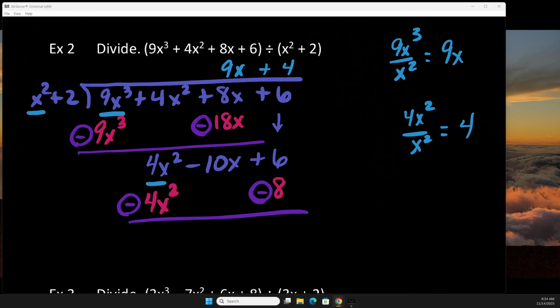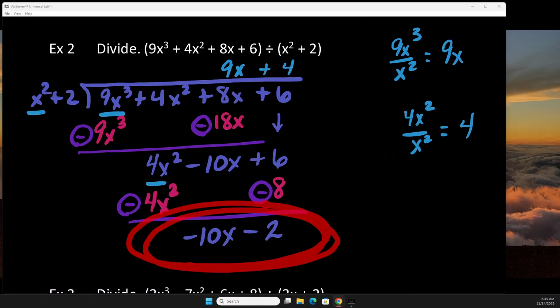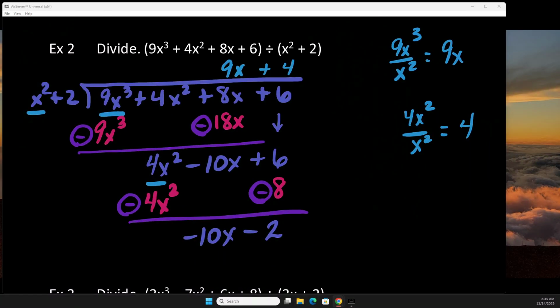All right, when we subtract that, minus 10x basically has 0 subtracting from it, so it's still going to be negative 10x. And then 6 minus 8 is going to be minus 2. All right, and then this is the first one we've done with a remainder. And so what you do with that remainder is it gets divided by the divisor.